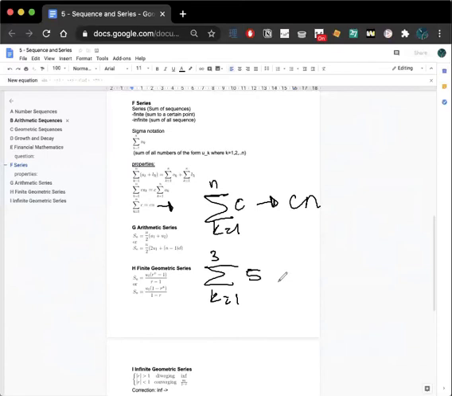It's kind of like saying 5 plus 5 plus 5, because you cannot really insert the k into this formula. So you're literally just inputting 5 and 5 and 5. And since from 1 till 3 there are 3 terms, you can easily say that it's 5 times 3.